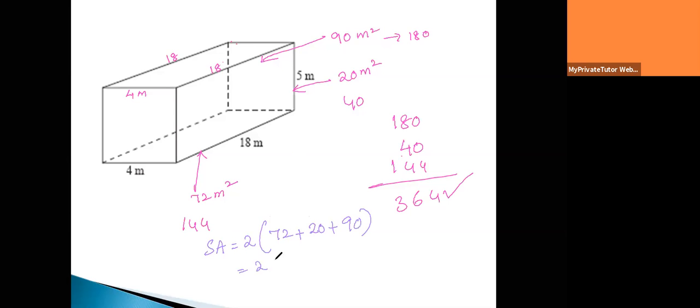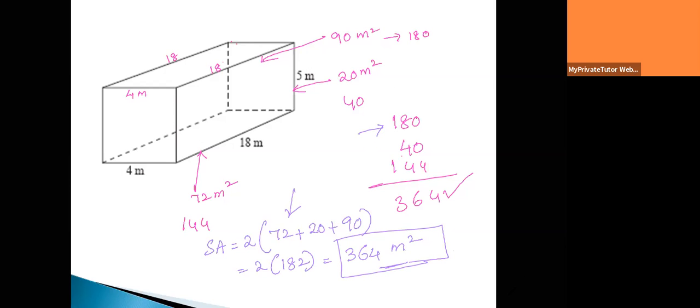Add all these: 72 plus 20 plus 90 is 182. Multiply by 2, and we get 364 meters square. This is the actual formula we used, and the other one was found without a formula.